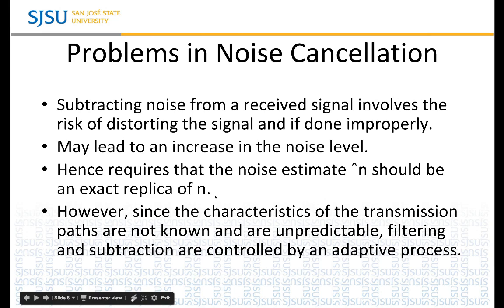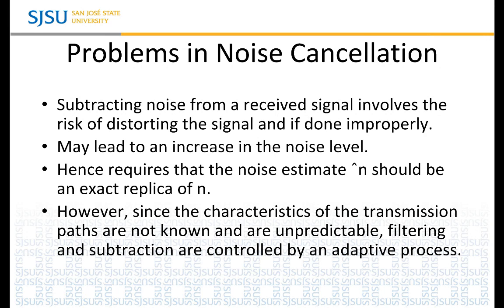So now what are the problems in noise cancellation? When you subtract the noise from a received signal, there are chances that you are distorting the original signal also, and that can increase the noise level. If you don't filter the perfect noise signal, some extra white Gaussian noise and other noises get added up in that.